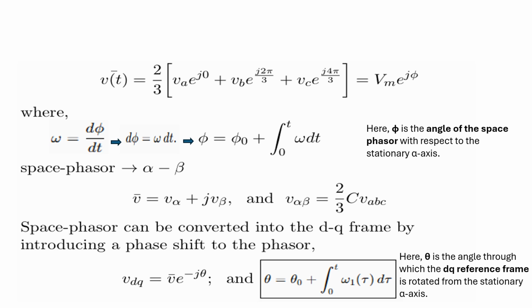This is a single vector, the space phasor, that is Vs, whereas this represents the dq frame, which are mutually perpendicular vectors, which is Vd and the other one is Vq.